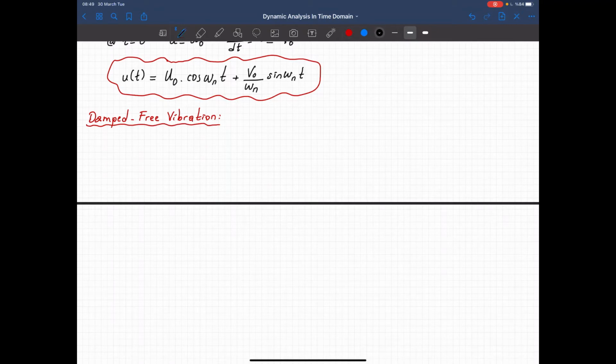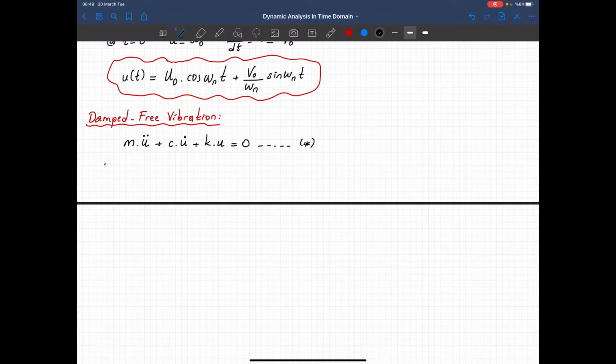So my equation of motion will have the following form: m times u double dot plus c times u dot plus k times u is equal to 0. So let's call this one equation star.